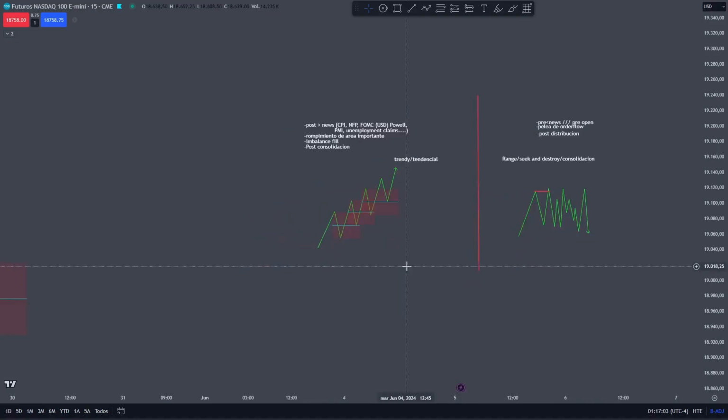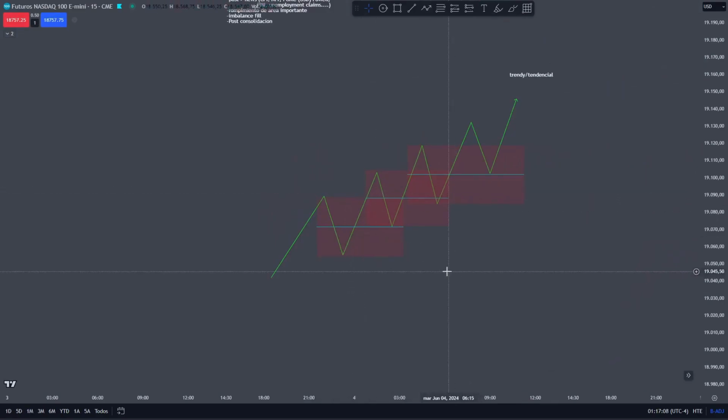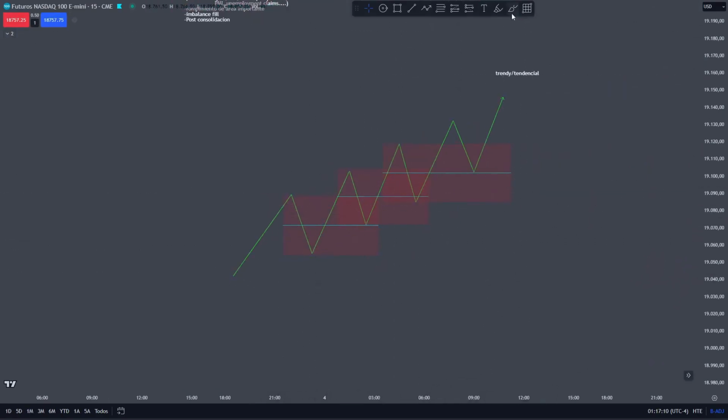Well, in a trending market, it's as simple as waiting for a pullback to my previous area, either from its origin or from 50%.